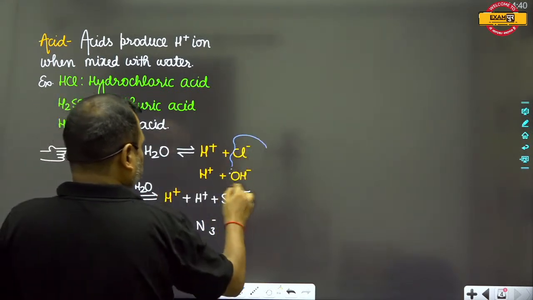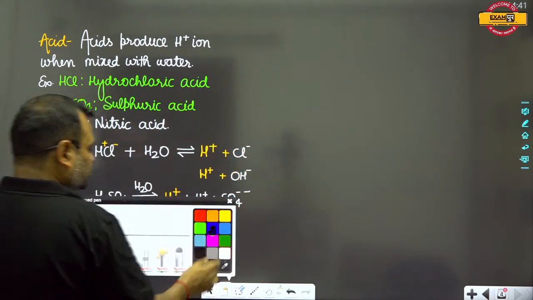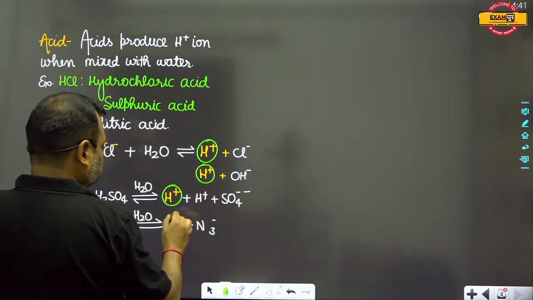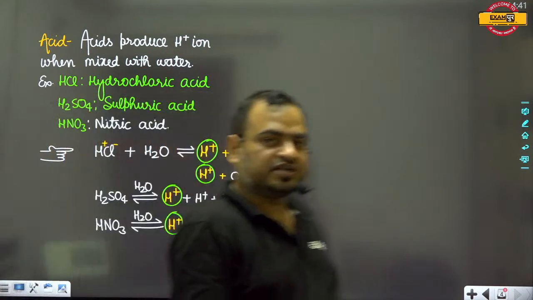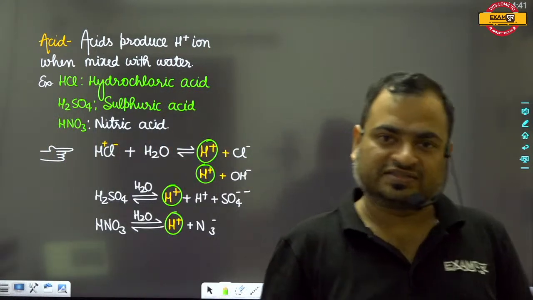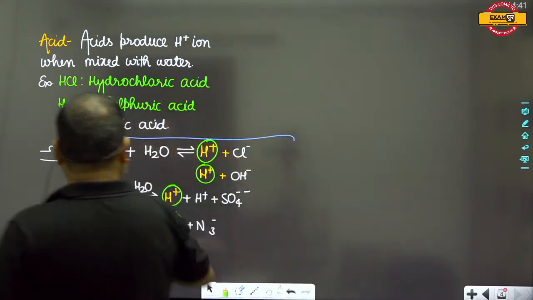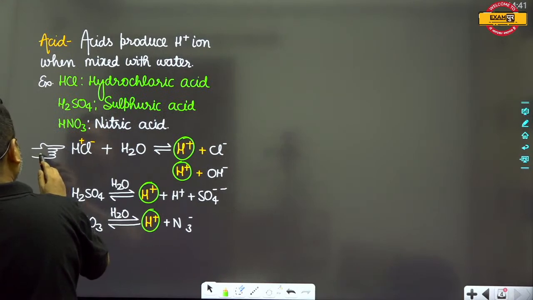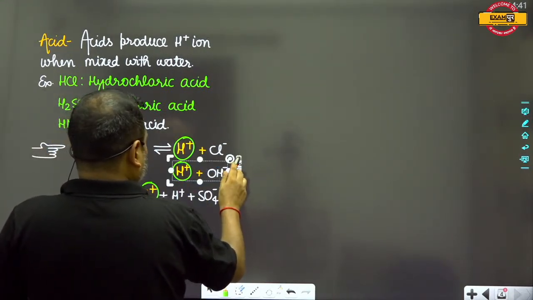You can see here that these are the H plus ions, actually produced from the acid.